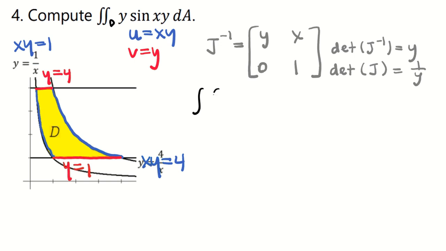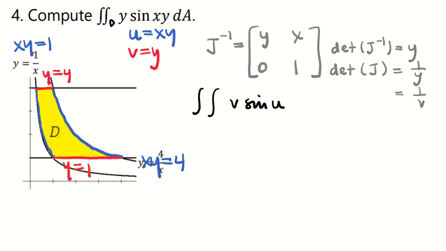I'm going to be double integrating y, which is v, times the sine of u. Then the absolute value of J is going to be 1 over y, which is the same as 1 over v. I was like, wait a second, I thought I was out of the xy world.